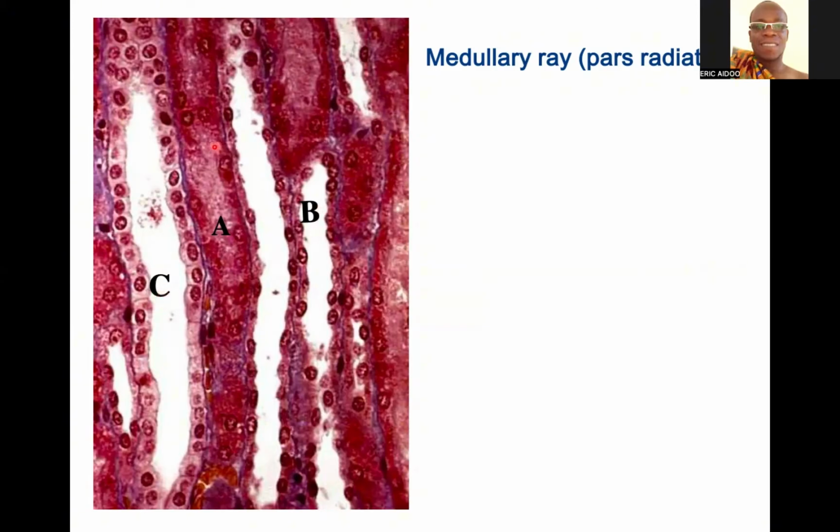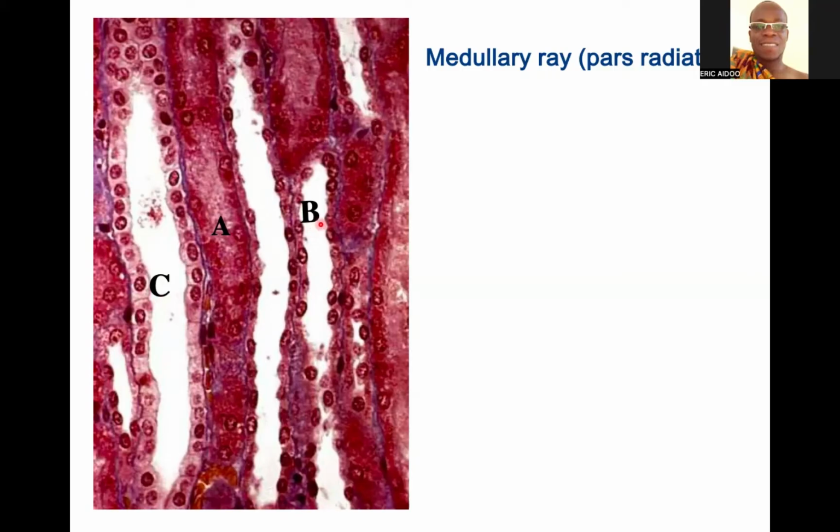So I'll give you a clue. You can see that with the A, you have the lumen being eosinophilic, okay, and it's because of the presence of some microvilli within it. So that is one of the striking differences between A, B, and C, because C and B are both hollow without any stain within it. Now it is left with the C and B. How are you going to differentiate between the two?